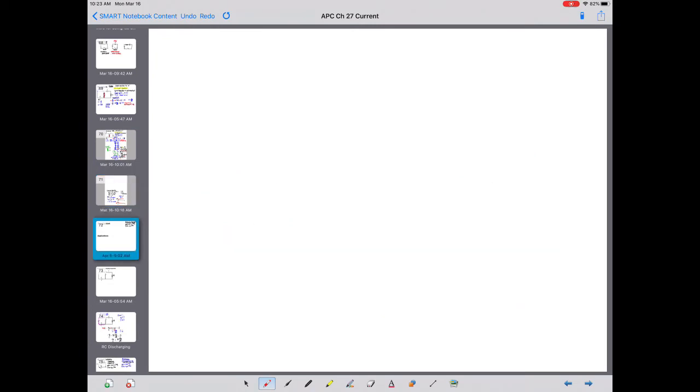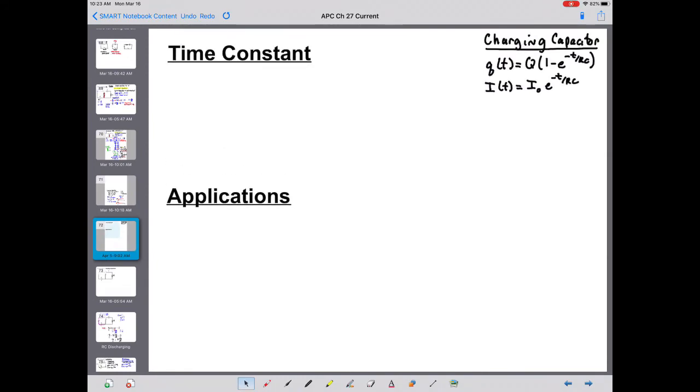Now, let's think about the term that has showed up in our equations here. Ponder for a second. You've got a term that has shown up within the exponent, base e to the negative t over RC. Well, that RC we call a time constant, using our Greek letter tau.